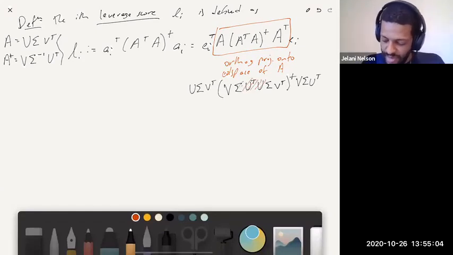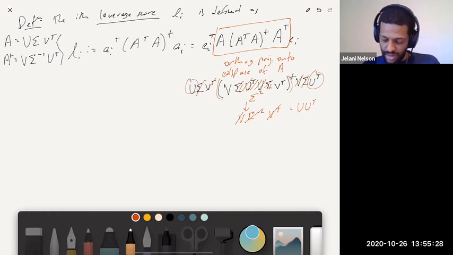This is sigma squared. Now you take the pseudo inverse, and you get V sigma to the minus 2 V transpose. That cancels with that, V transpose V is identity. You have two sigmas and a sigma to the minus 2, so that goes away. Altogether only U and U transpose survive. So it's the orthogonal projection onto the column space of A.